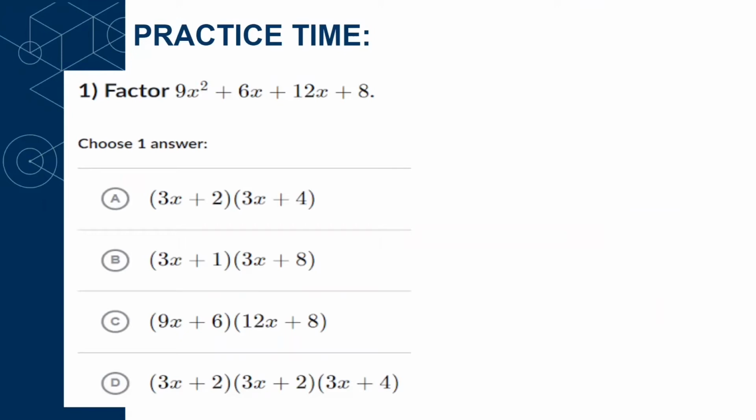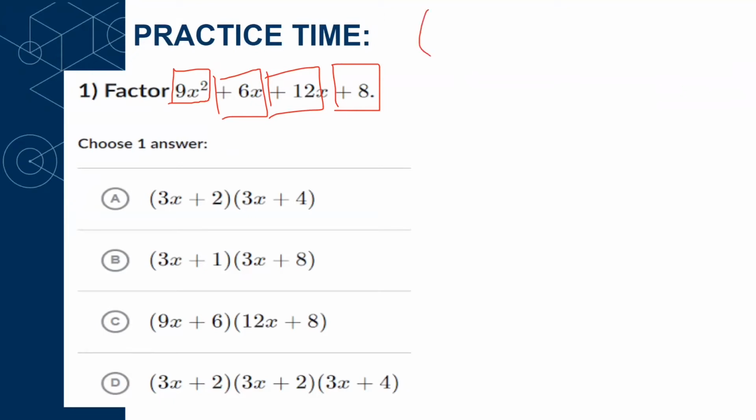But let's just not think about it for a moment and ask ourselves, should we be doing grouping as our factoring method? Well, I take a look at this expression and I see 1, 2, 3, 4 terms, and bingo, if I have 4 terms, I'm supposed to do nothing but grouping as my factoring method. So let's do grouping.